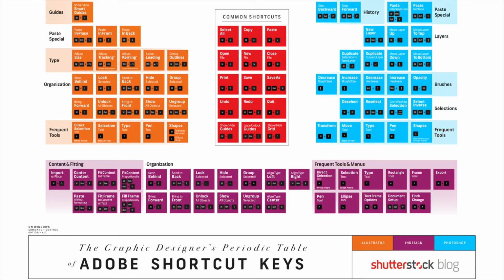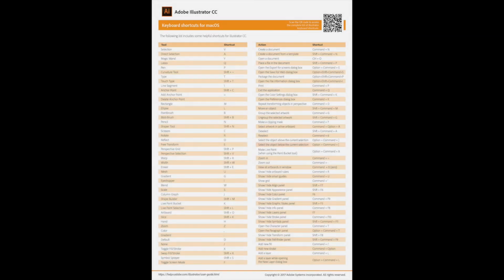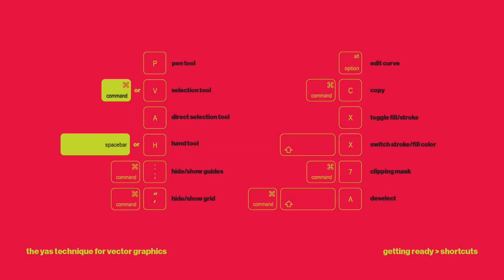There are many, many shortcuts that are available in Adobe Illustrator, and then you can configure your own. This is the master cheat sheet on the Adobe website that I've used, but we're going to keep it simple.